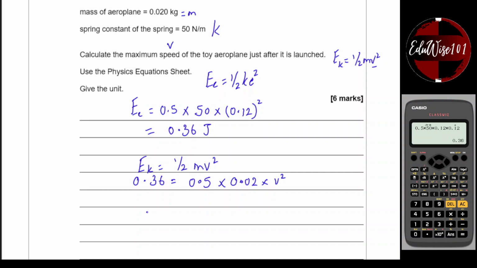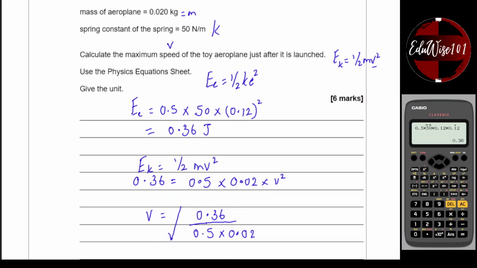So V should be the square root of 0.36 divided by 0.5 times 0.02.